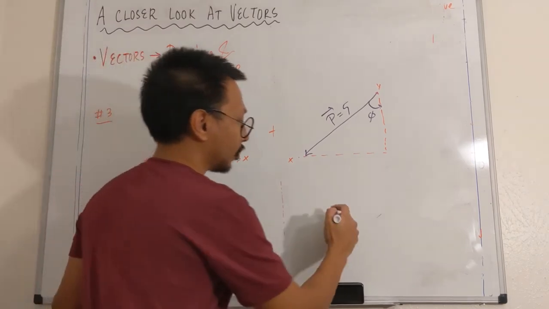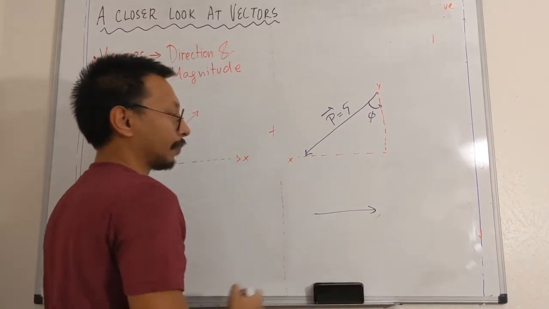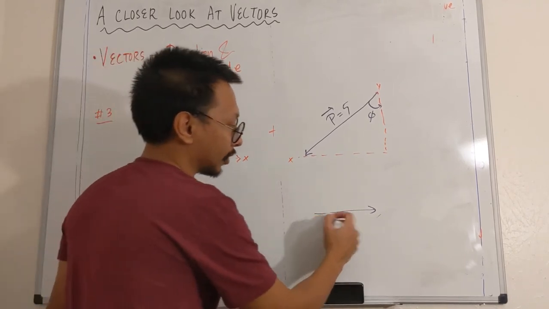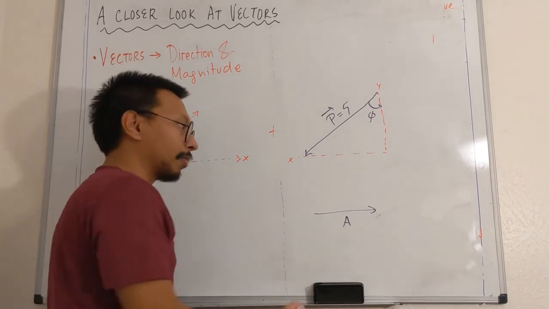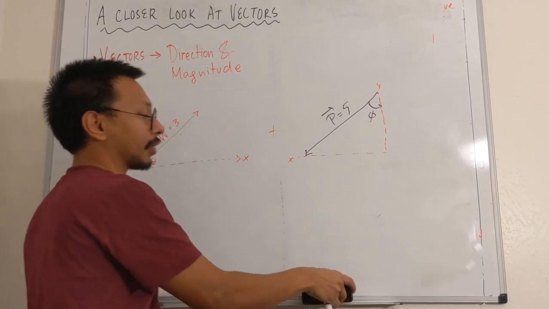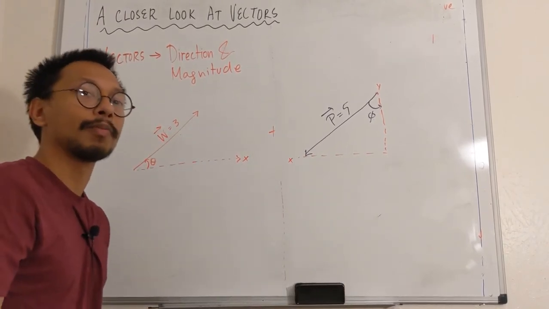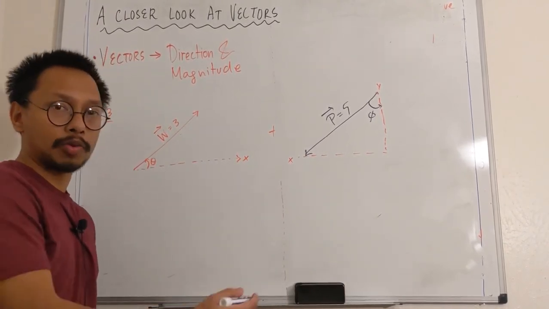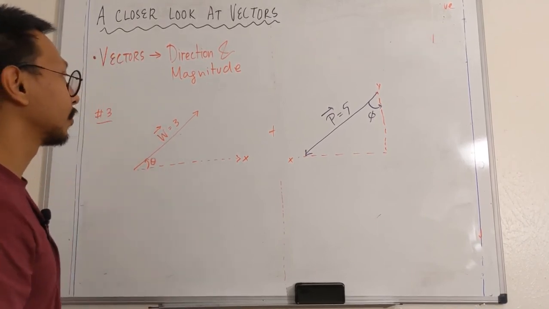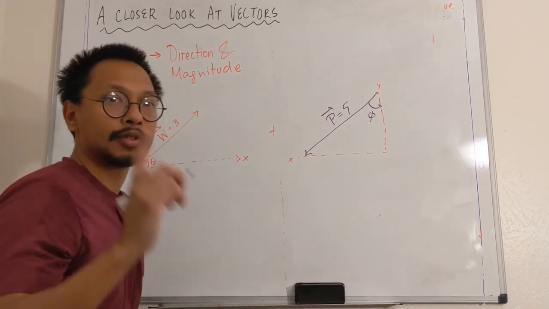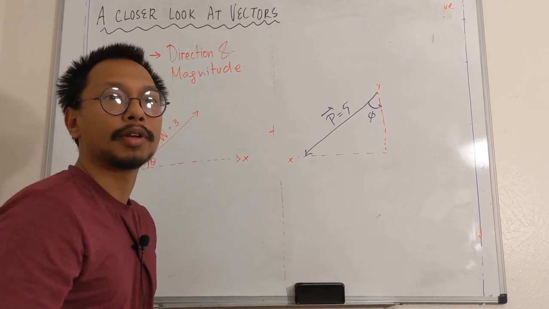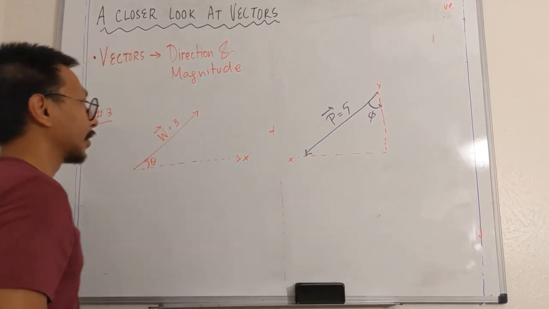Similarly, any horizontal vector, let's call it A, has an x part, which is this, and a y part, but that y part is 0. Okay, so any vector can have two parts. We call these parts components of vectors. So from now on, we'll denote these as x components and y components of vectors. When you add two vectors, you have to add x component to x component and y component to y component. Let's see how that's like.